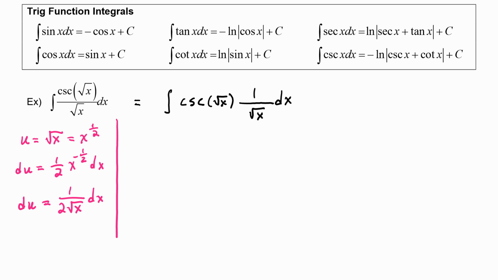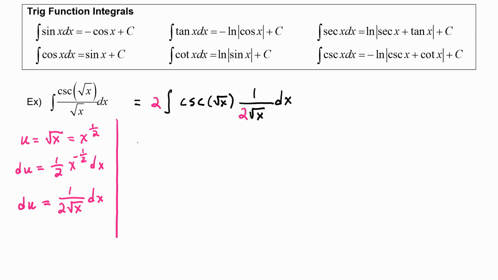So the only thing that we are missing from our du is this 1/2, or in other words, a 2 in the denominator. So if we put a 2 in the denominator on the inside, we have to counteract with a 2 in the numerator on the outside. Remember, we have just multiplied by 1 in the form of 2 times 1/2.